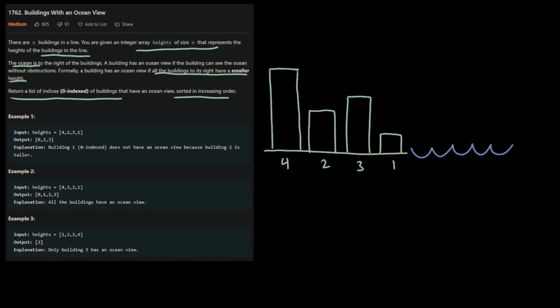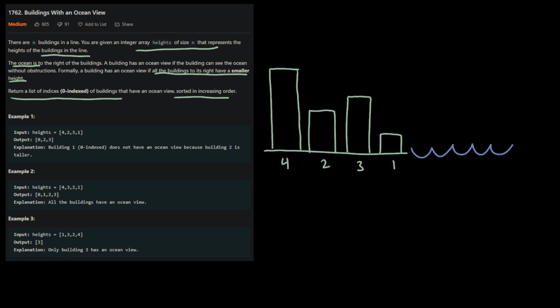So for the first example, I've drawn it to the right, and we can see that 1 will have an ocean view because there are no buildings in front of it, and this building with a height of 3 will have an ocean view because the only building in front of it is 1, which is shorter.